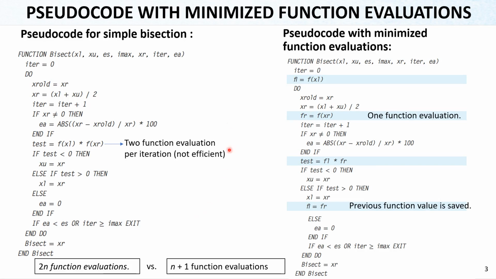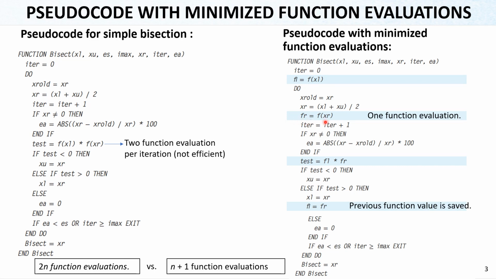On the left hand side you see the simple one, and on the right hand side you see the new algorithm. Here we said that there are two function evaluations, one for the lower bound and one for the midpoint. Over here, on the other hand, we simply save the lower bound function value from the previous iteration.